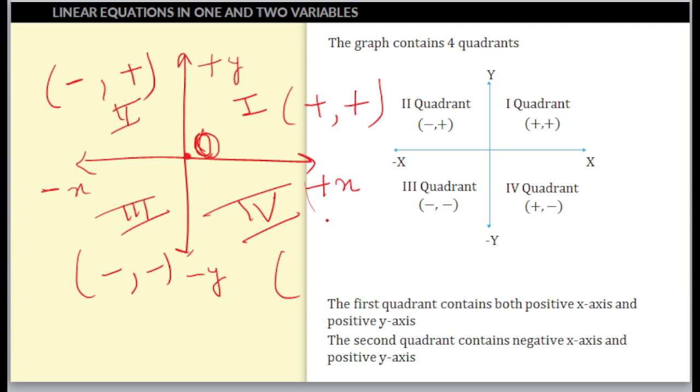In the fourth quadrant, x is positive, y is negative. We always write the x coordinate first and the y coordinate after that. So in the first quadrant both x and y are positive. In the second, x is negative, y is positive. In the third, both are negative. And in the fourth, x is positive and y is negative.